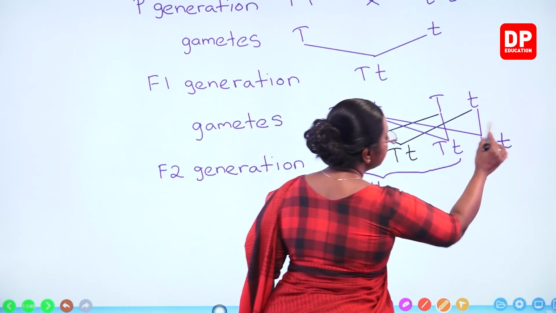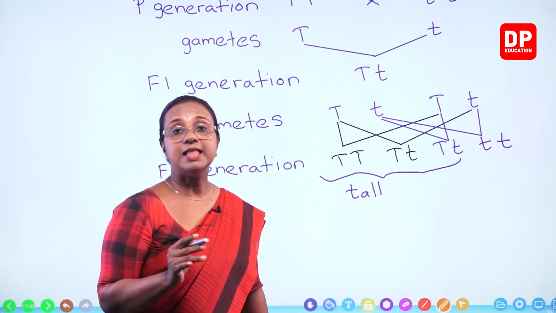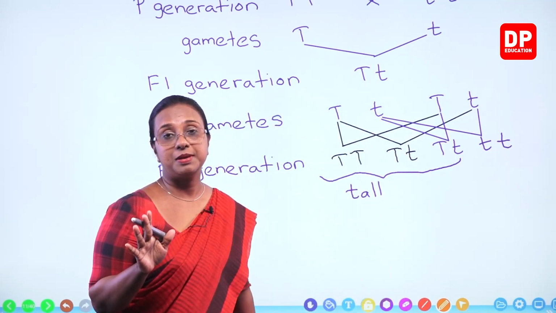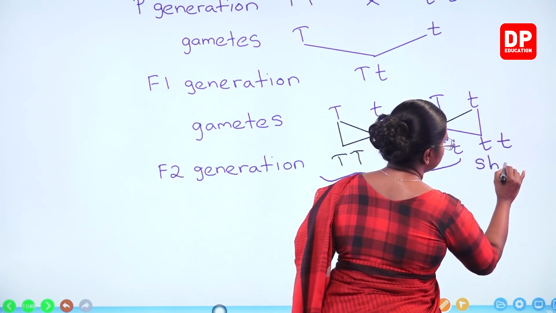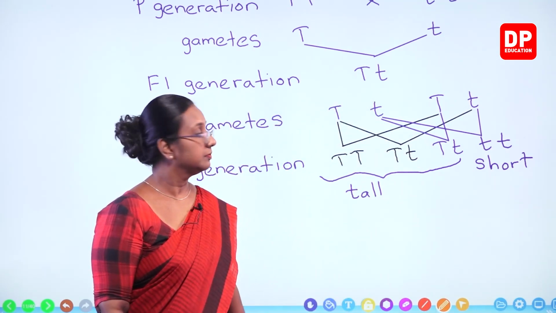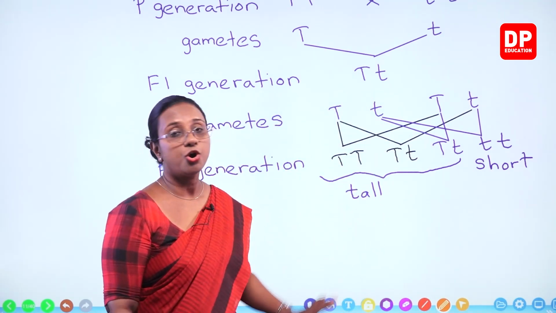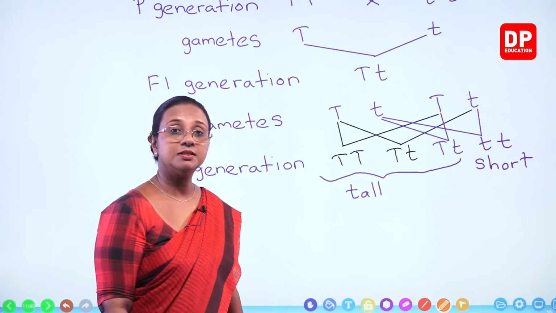Only this one, simple T, that will be short plants. Is that clear? This is short plants. Tall plants, short plants. Is that clear to you all, students?